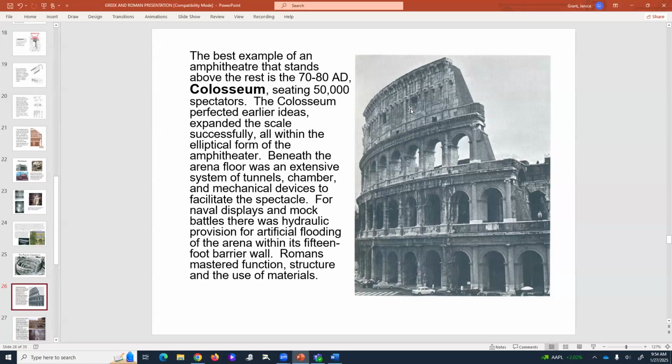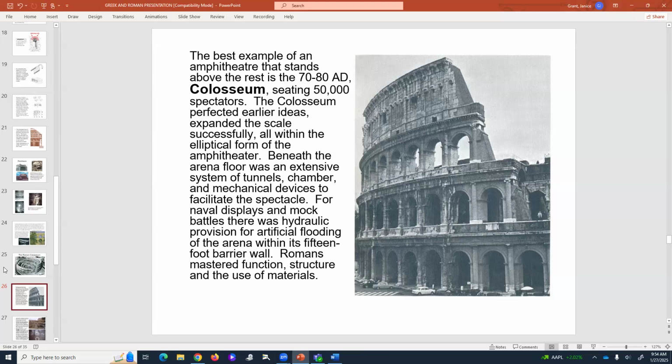Beneath the arena floor, extensive tunnels, chambers, we talked about that, mechanical devices, naval displays, mock battles with this hydraulic provisions and artificial flooding, 15-foot barrier walls. So they really mastered that.